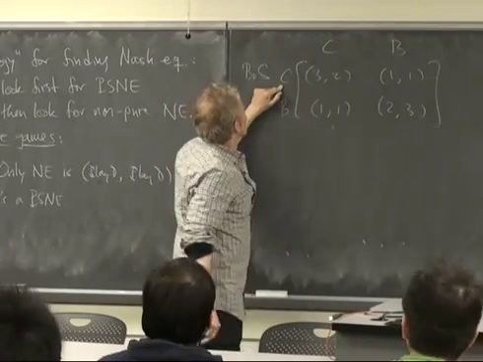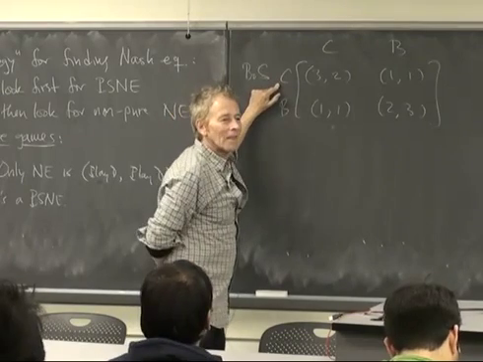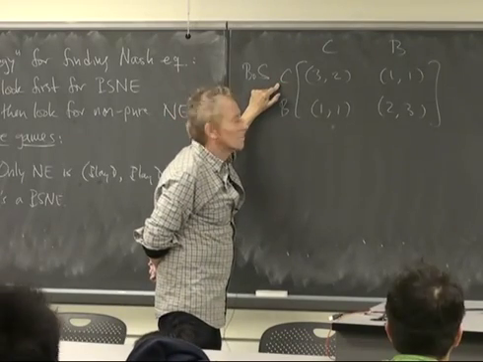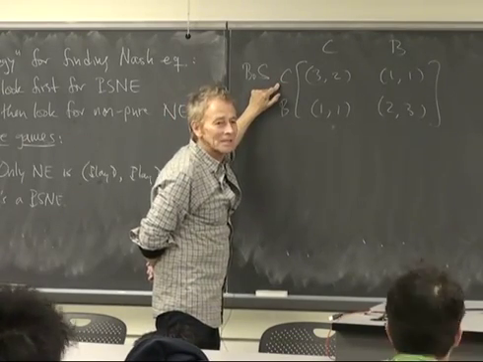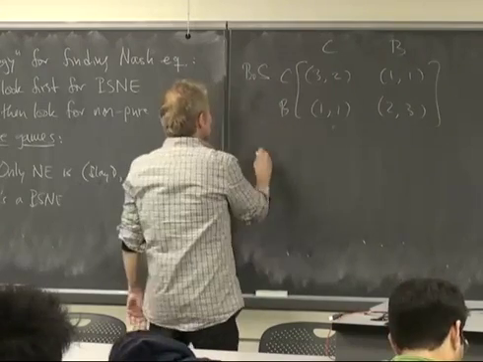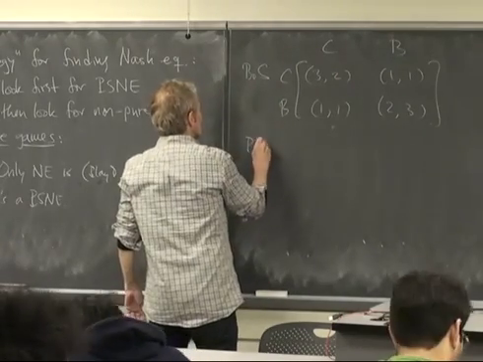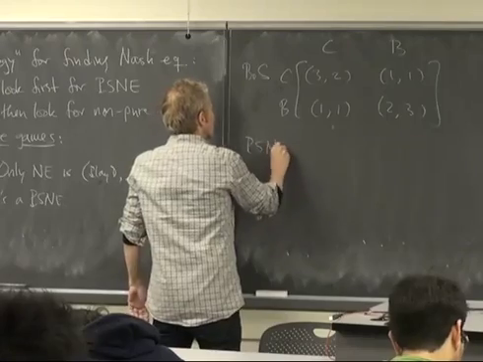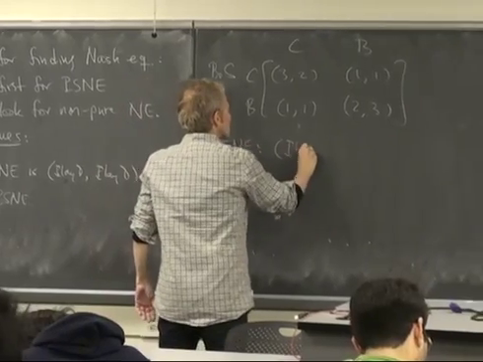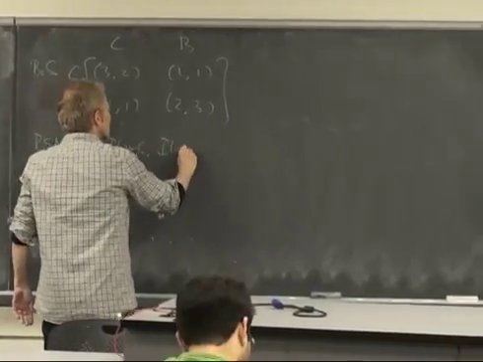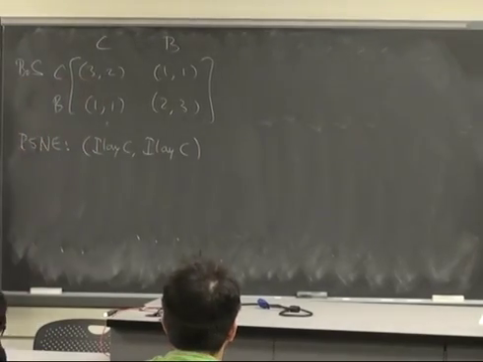What is player two's best reply to a C by player one? C again, right? So play C, play C. So one of the pure strategy Nash equilibria is play C, play C. That's a pure strategy Nash equilibrium.